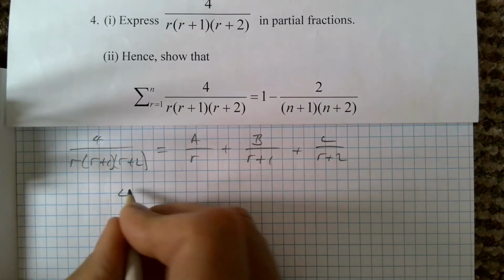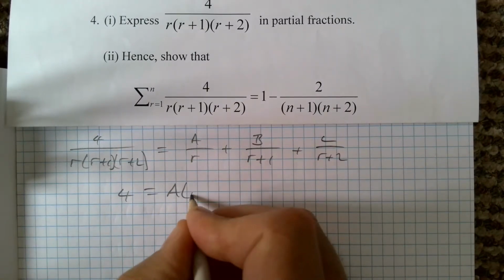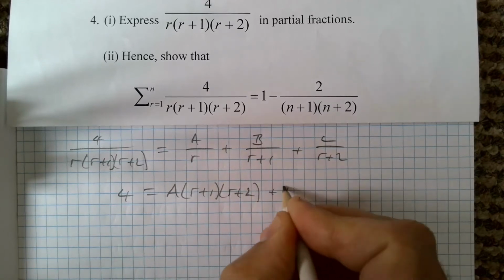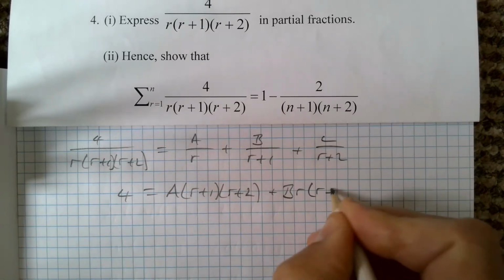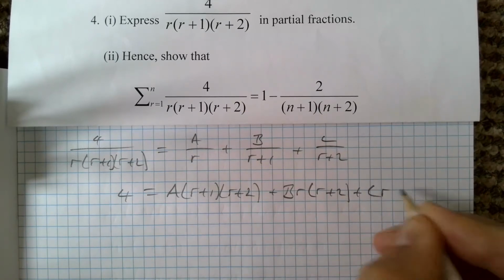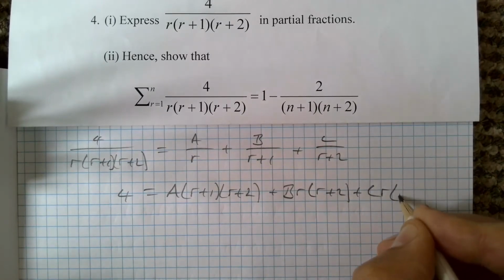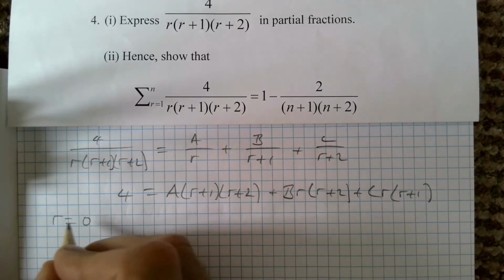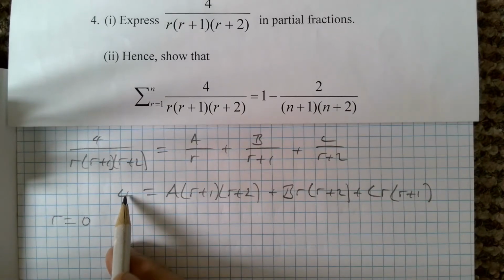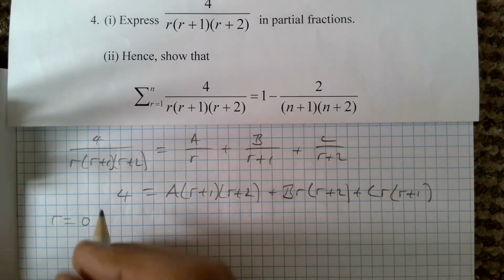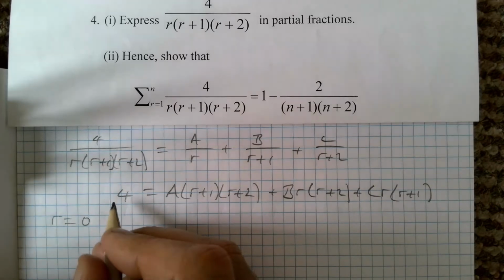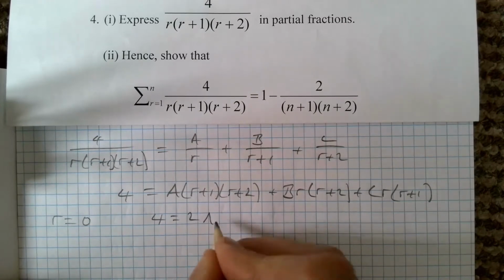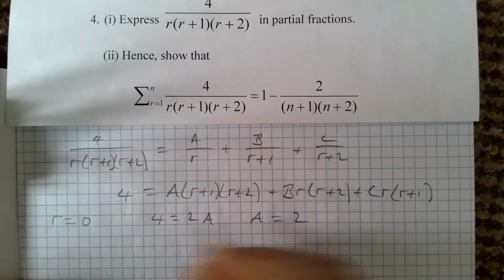Get our common denominator, so we're going to go 4a upon r plus 1 r plus 2 plus br upon r plus 2 plus cr upon r plus 1. If I let r equal 0, I'm going to get 4. This disappears, this disappears. What do we have? 4 equals 2a. Obviously gives me a equals 2.